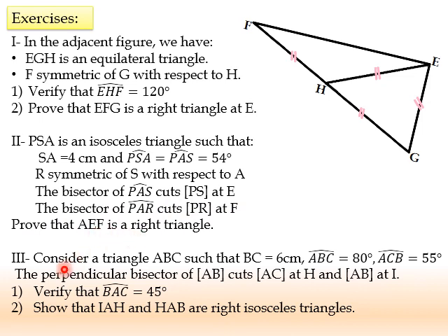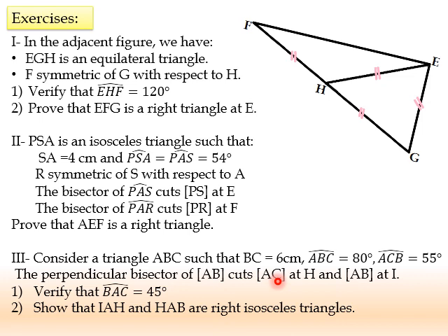Number 3, consider a triangle ABC such that BC equals 6, ABC equals 80, and ACB equals 55. Then you have to draw it. You have to draw the perpendicular bisector of AB.